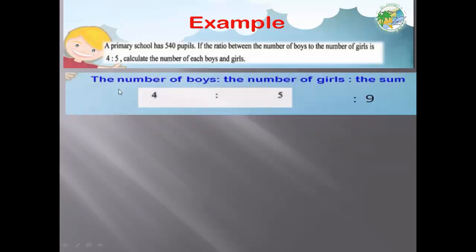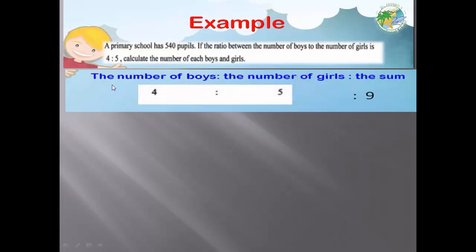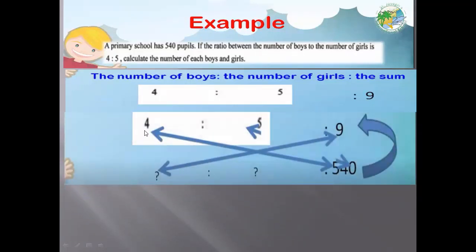Then we write the number of boys to the number of girls and the sum. Why do we write the sum? Because here 540 is the sum of the boys and girls. Then the number of boys to the number of girls is 4 to 5 and the sum between them equals 9. Then we write 540 under the sum.